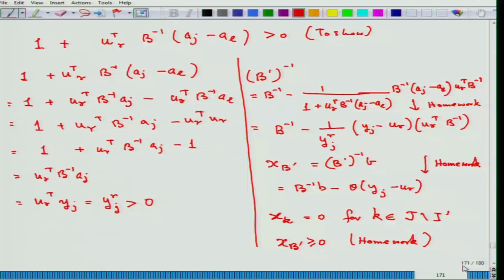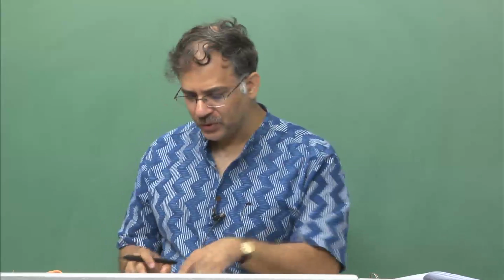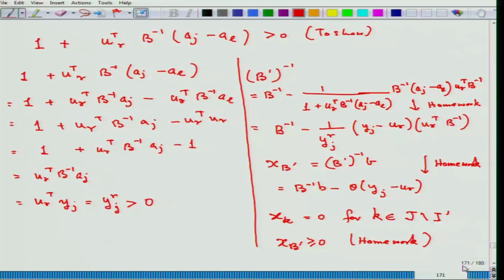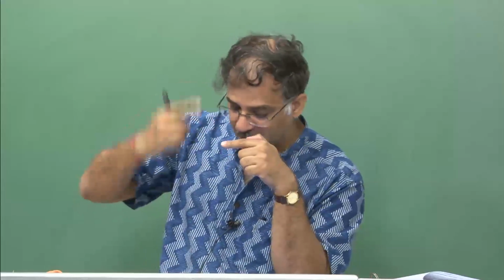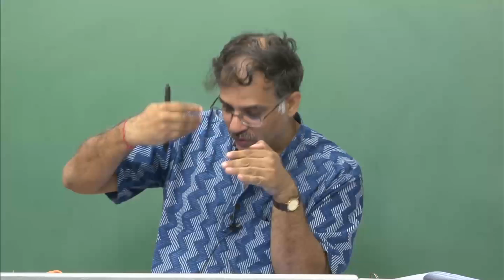So, if I have a starting basis matrix B, at every step I can just compute the theta. Once I have computed this theta, I will immediately know x b dash. But it is very important to know b dash inverse also, because this b dash inverse would be used to go to b double dash inverse or x b double dash. So, if you go from b dash to b double dash, these would become very important, and as a result these two steps are very important.